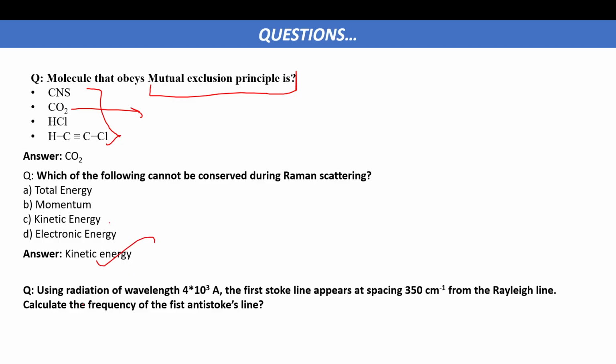Moving to next, using radiation of wavelength 4 into 10 raised to the power 3 angstrom, the first Stokes line appears at a spacing of 350 centimeter inverse from the Rayleigh line. Calculate the frequency of the first anti-Stokes line.